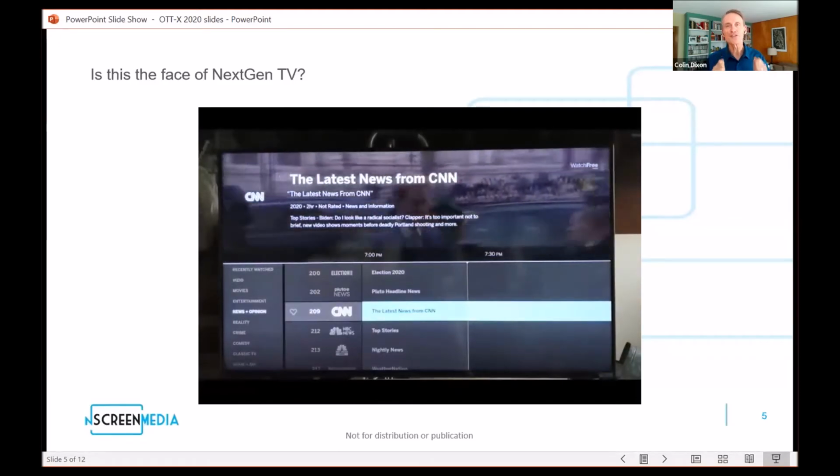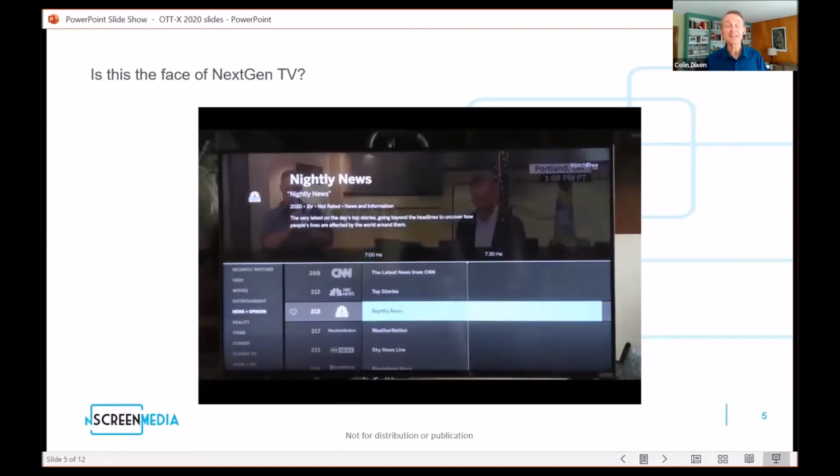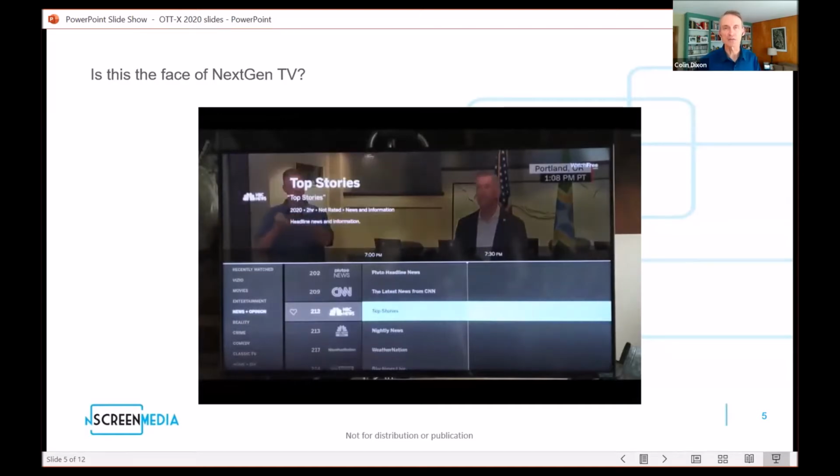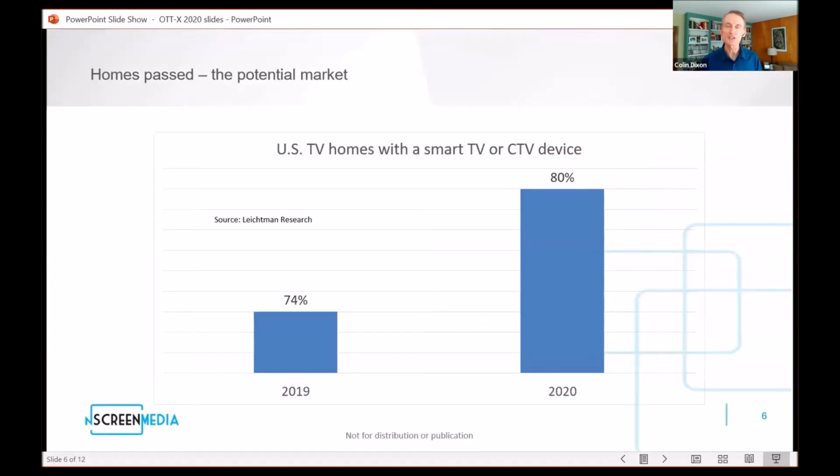So I put it to you that if you have a smart TV, there simply is no simpler way of watching television than using these free smart channels, these free virtual linear channels in smart TVs. And pretty much all of the major smart TVs have them now. So that's the opportunity I want to talk about this morning. What I'm going to give you is an idea of what the market looks like.